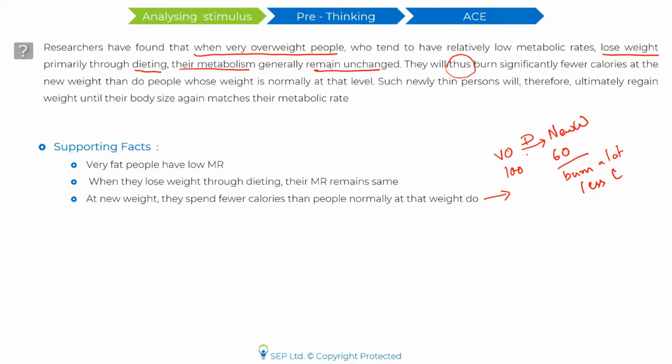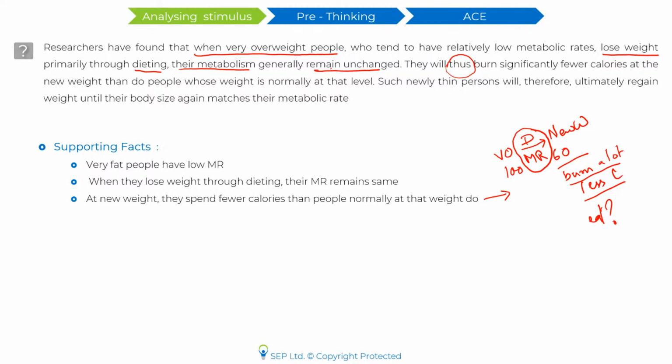And through all this, my metabolism remains unchanged. This is what this sentence means. Now, if I'm talking about burning a lot less calories, immediately my mind will think the opposite of burning. So if they burn a lot less calories, how many do they eat? I'm thinking this as I read along.